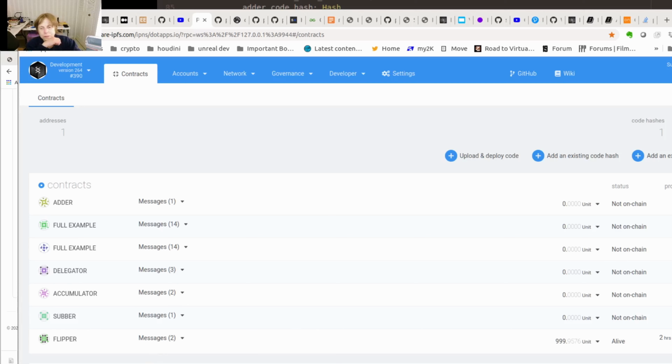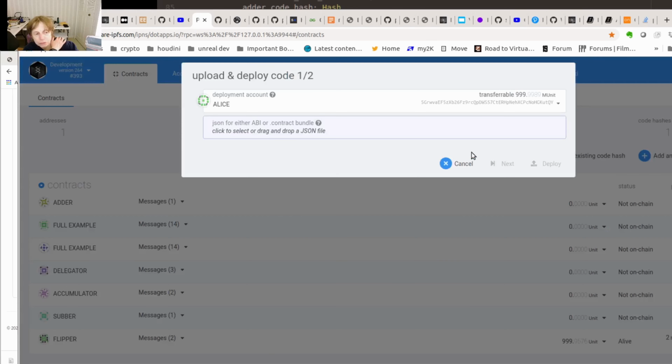Okay, so this is the chain, and notice that when you go to deploy something, let's see, let's go to Solidity projects.